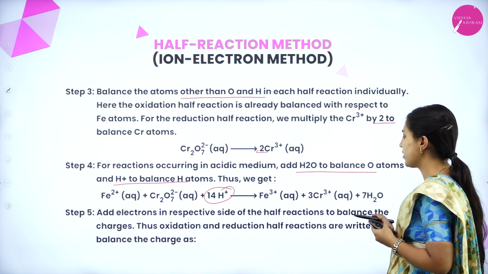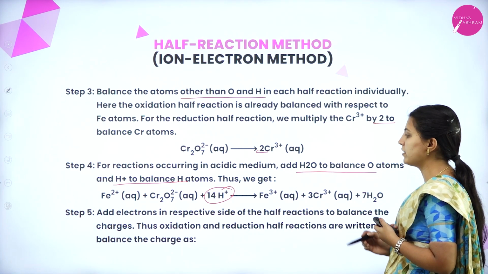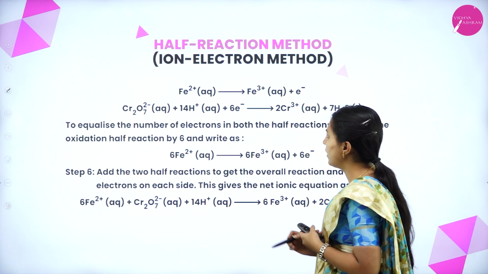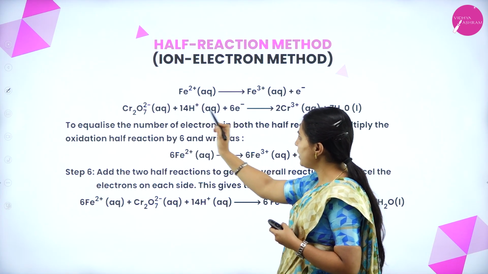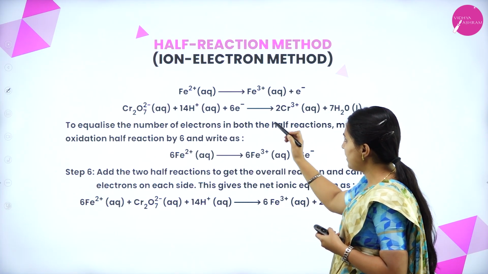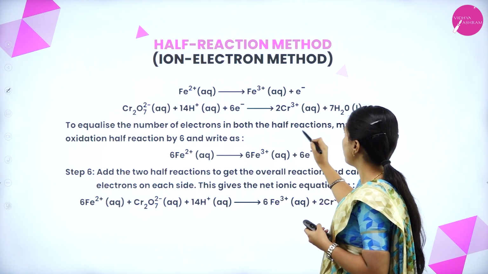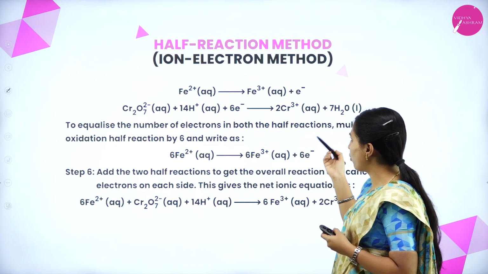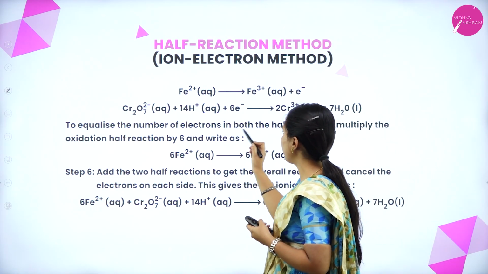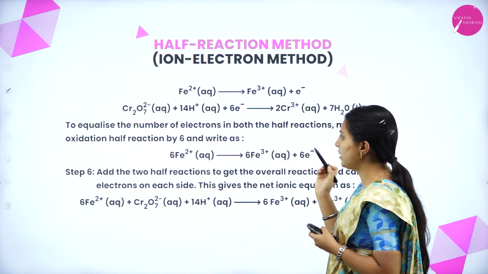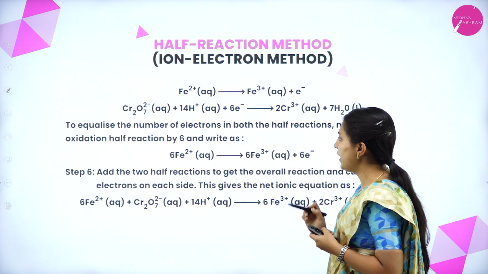Thus the oxidation and reduction half reactions are written to balance the charges: here Fe2+ to Fe3+, and here chromate plus 14 H+ plus 6 electrons are added to form Cr3+ and water molecules.